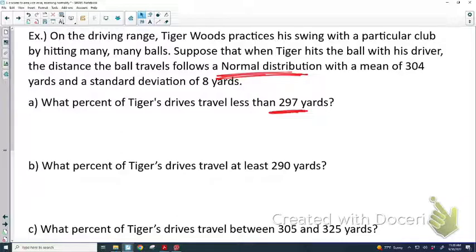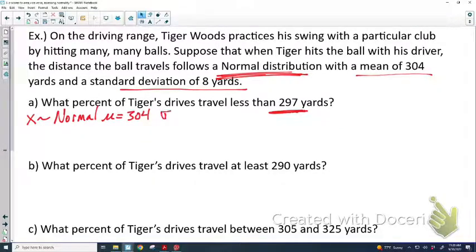Supposedly, Tiger Woods, the balls that he drives are normally distributed with a mean of 304 and a standard deviation of 8. So one part of this question, you're required to say that this distribution is normal with a mean of 304 and a standard deviation of 8.